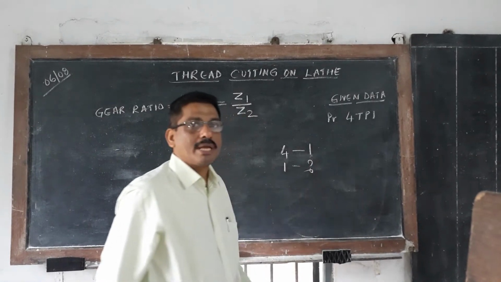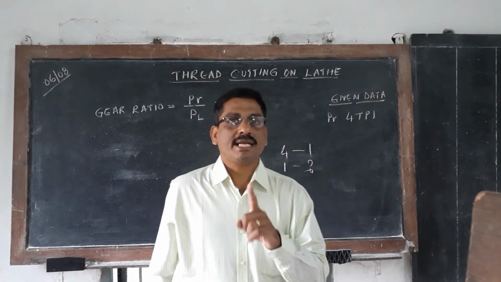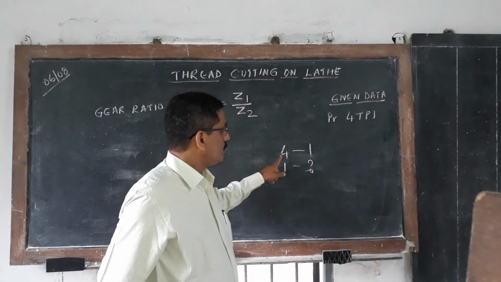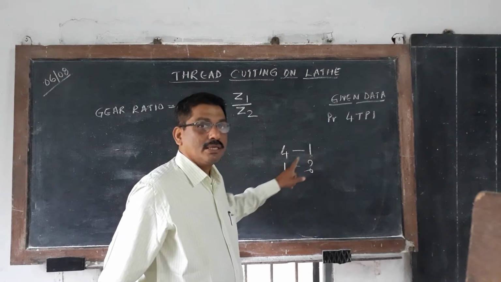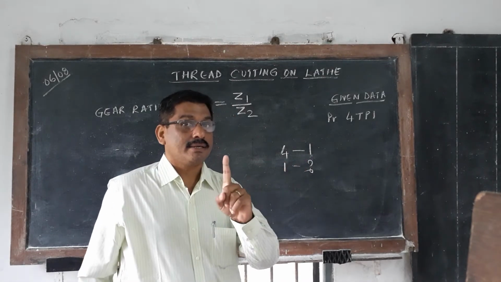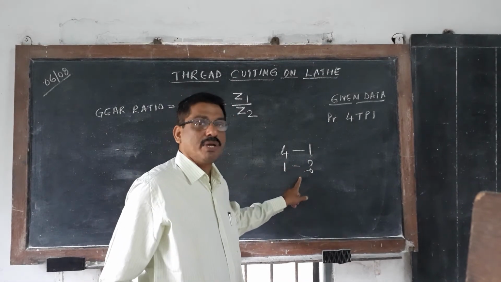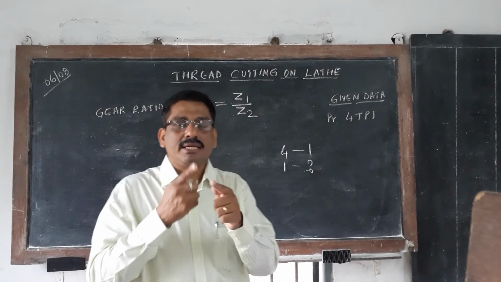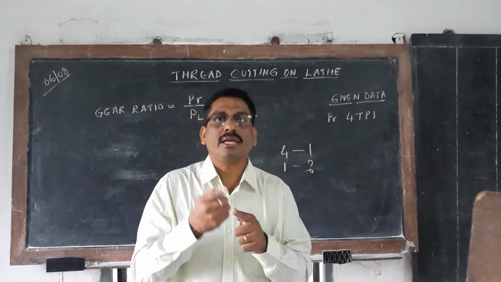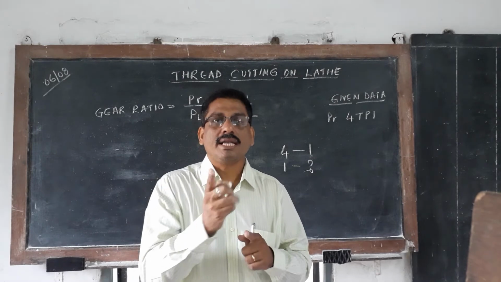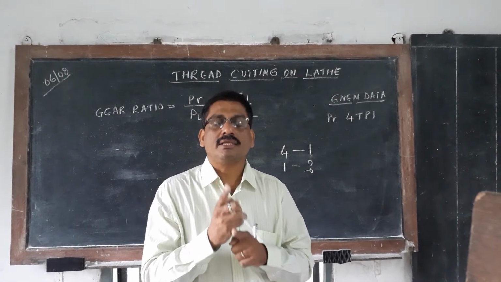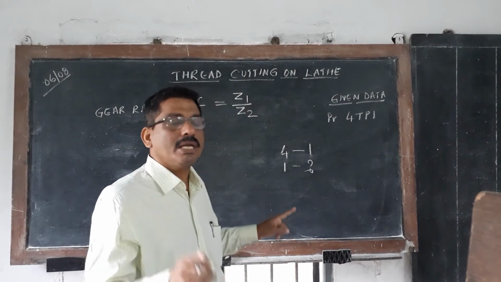Like that you have to calculate. Keep it in mind: 4 threads per 1 inch. One thread is equal to how many inches? Because we are doing individual teeth on the lathe, you have to calculate for individual teeth.